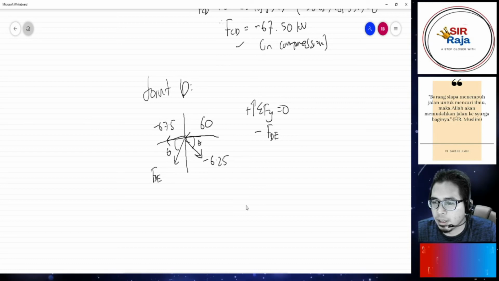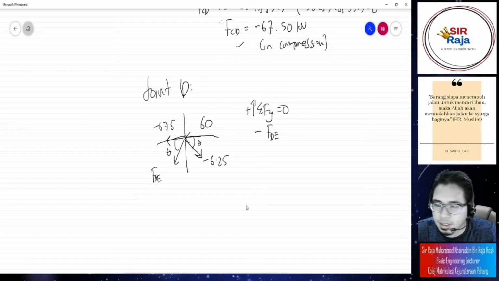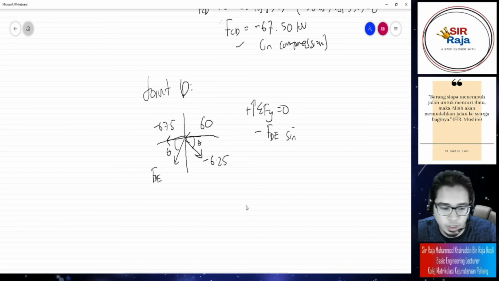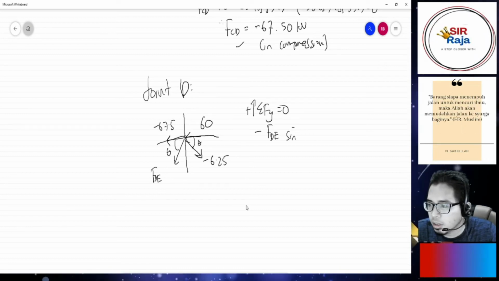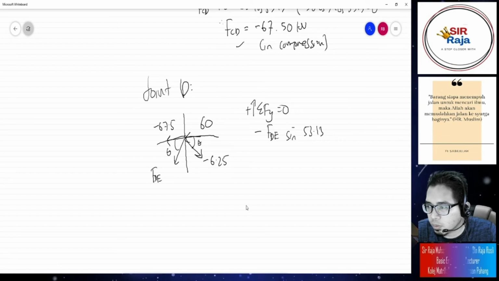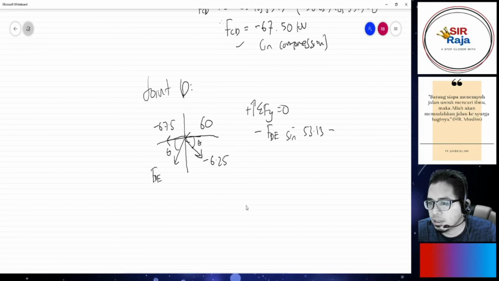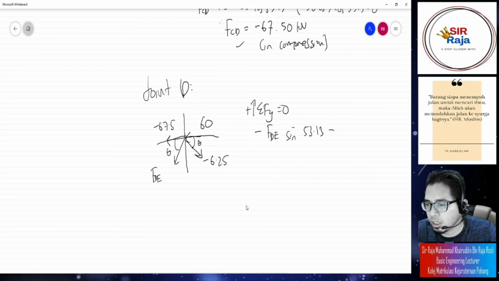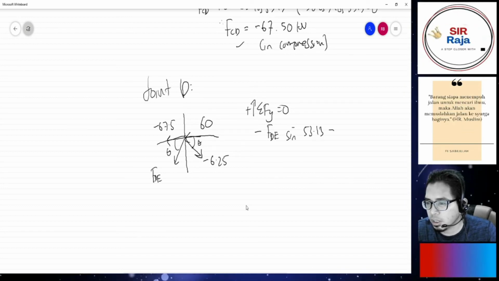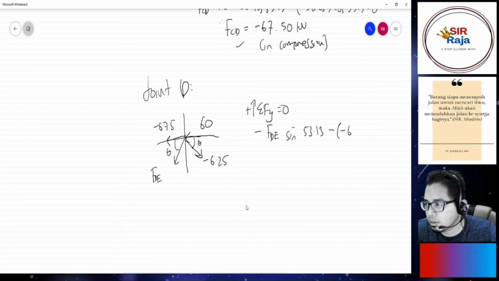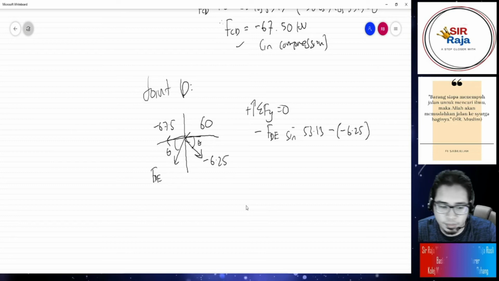Negative FDE sine, negative because the y component is going downward, 53.13. Then minus this one, which is also going downward, and the value is negative 6.25.